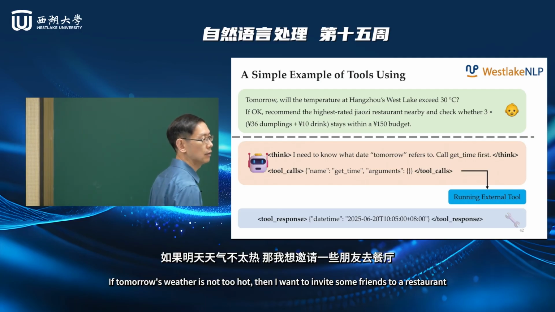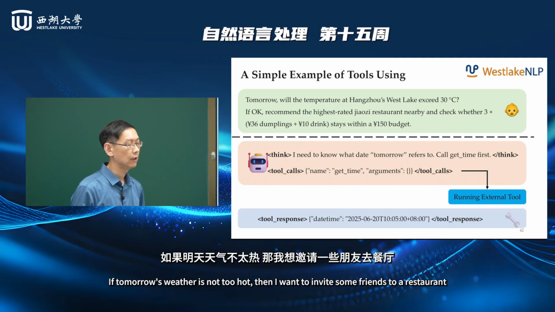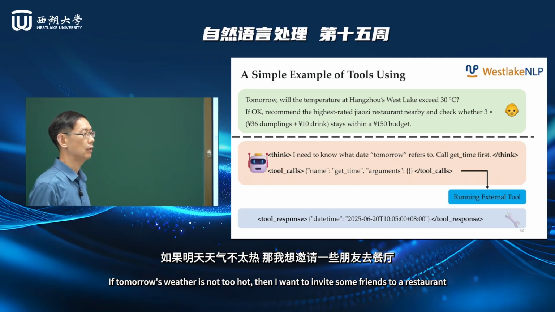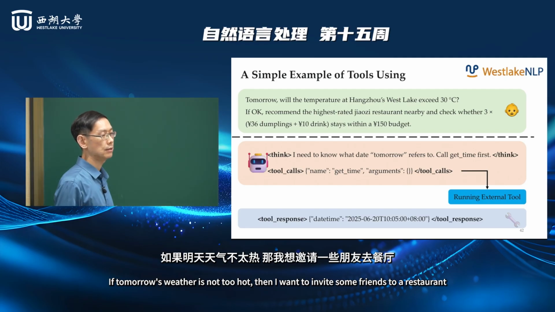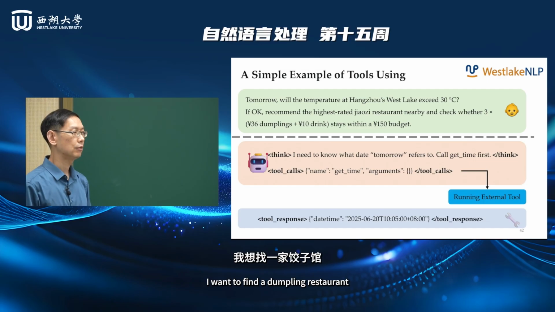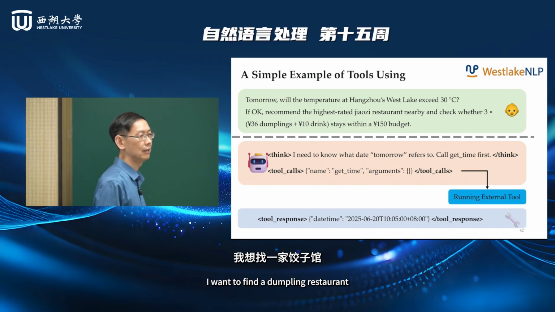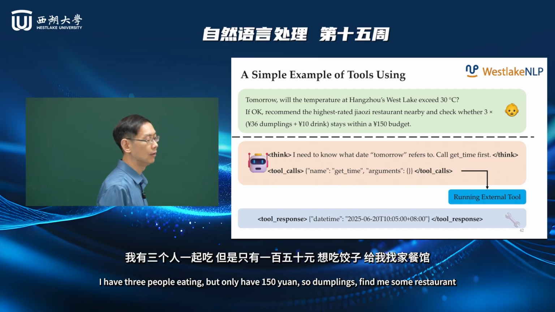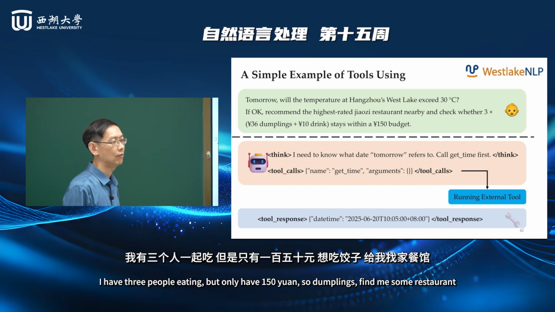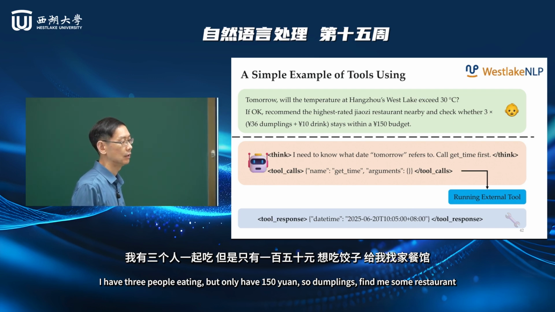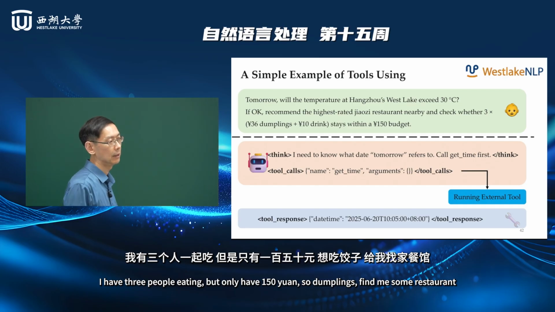If the weather tomorrow is not too hot, then I want to invite some friends to a restaurant. I want to find a dumpling restaurant, okay? I have 3 people eating, but I only have 150 yuan. So find me some dumpling restaurant, okay?